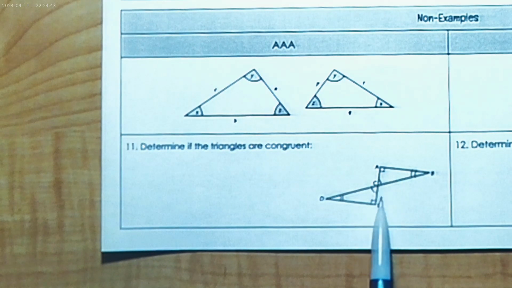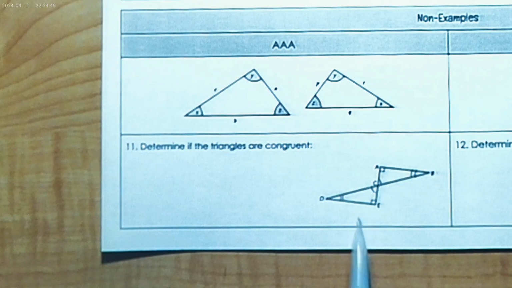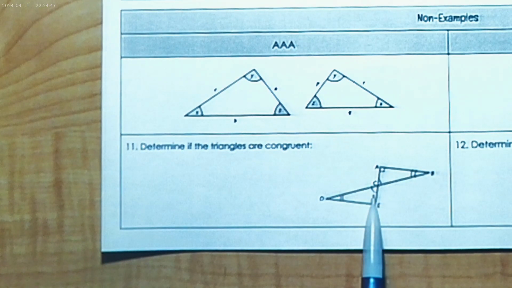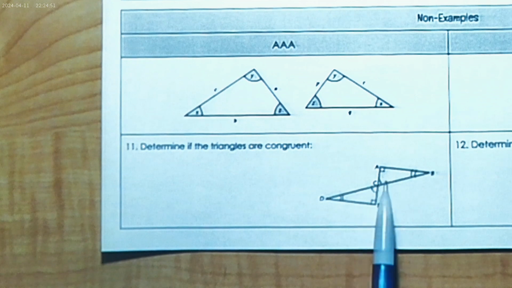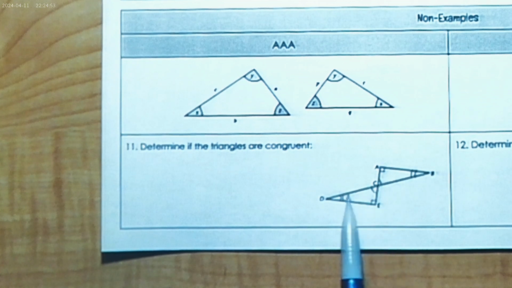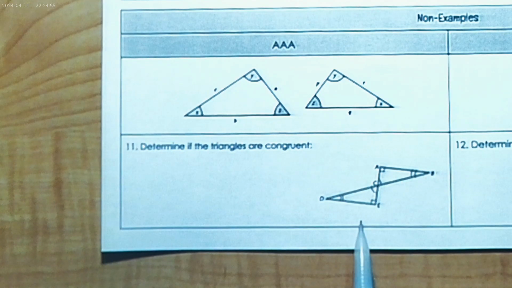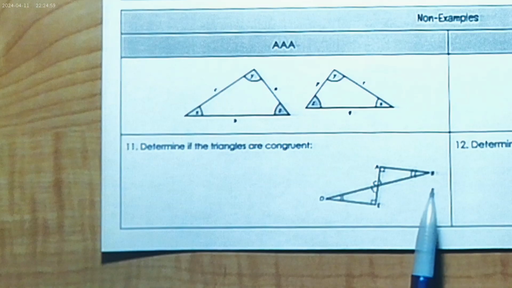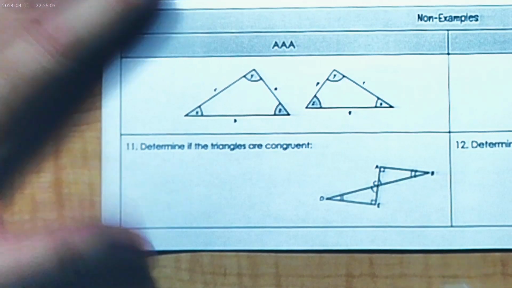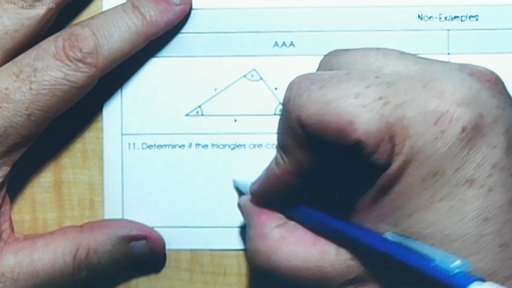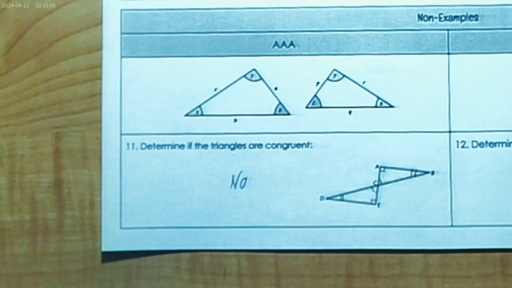I know that C is equal to C, and because this is 90 degrees, and I know what C is, I know what D is, and if C is the same and A is the same, then that means that D and B have to be the same. But that's the thing. I only know angles. That's all I know. I don't have any of the side information. So in this case, no, I can't.